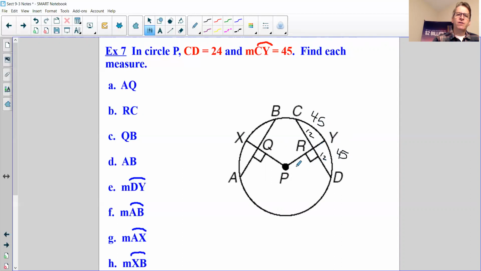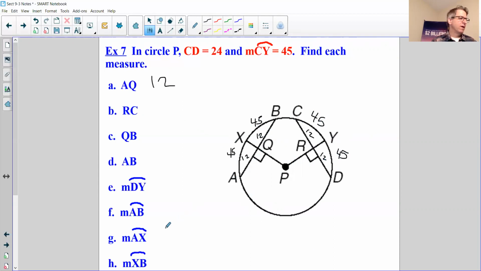We also can conclude a couple other things. Same configuration here. We have a 12, we have a 45, we have a 45, and we have 12. Let's start with letter A. Looking for AQ, 12.